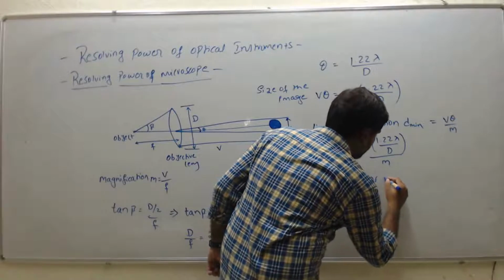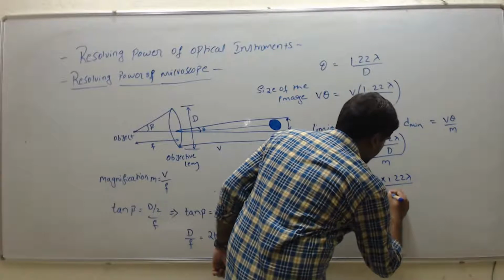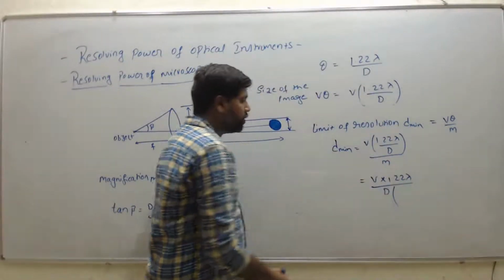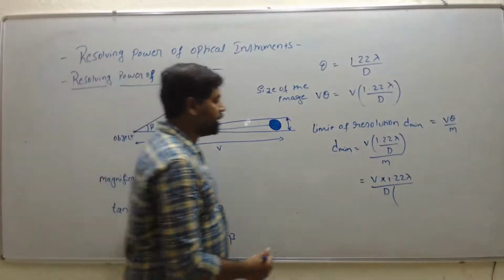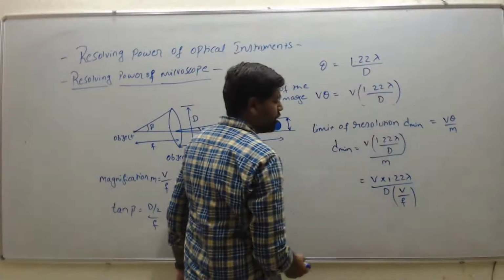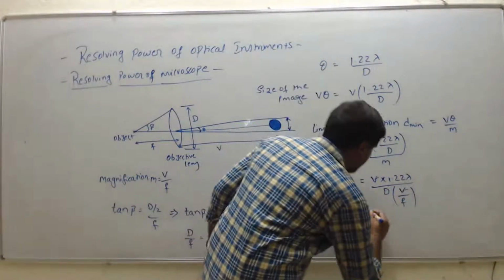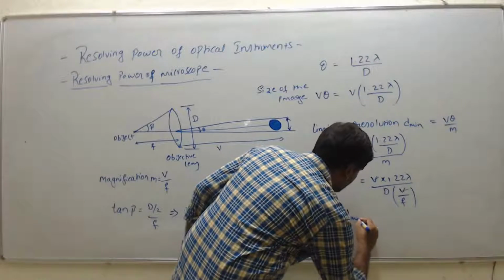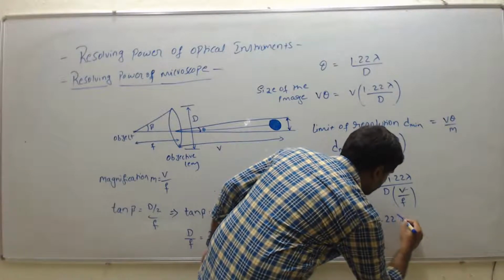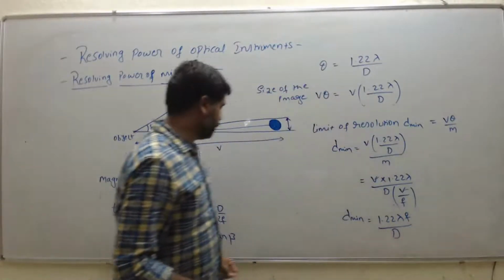V into 1.22 lambda whole divided by D, and this M goes to the denominator as V divided by F. So V gets cancelled. Then it becomes D minimum is equal to 1.22 lambda F divided by D.